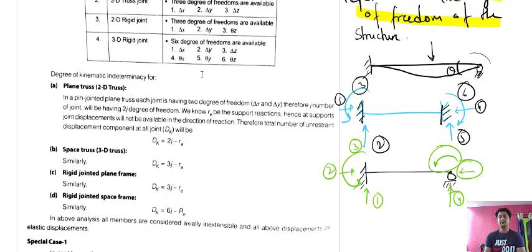At the support here we can get the value of rotation and of horizontal displacement. So these two displacements are unrestrained, they can move from their place. Restrained means they cannot move from their place, and unrestrained means they can displace from their place.